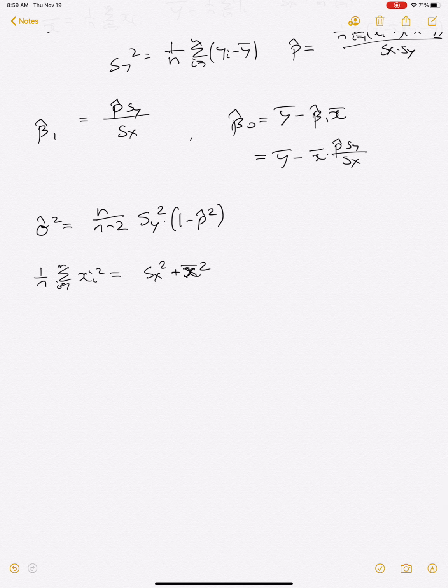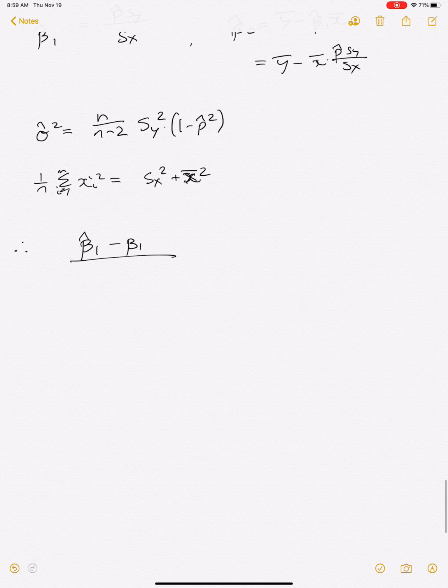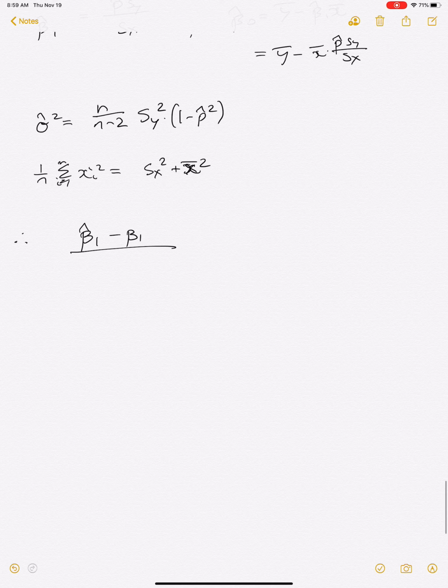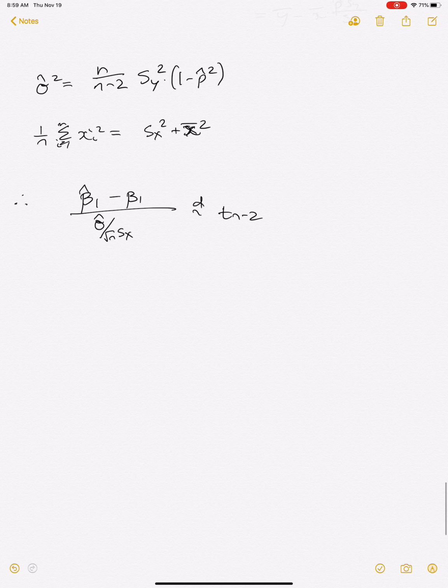And so why is this relevant? What that means is that all of these quantities now, we can get everything in terms of our t distributions here.